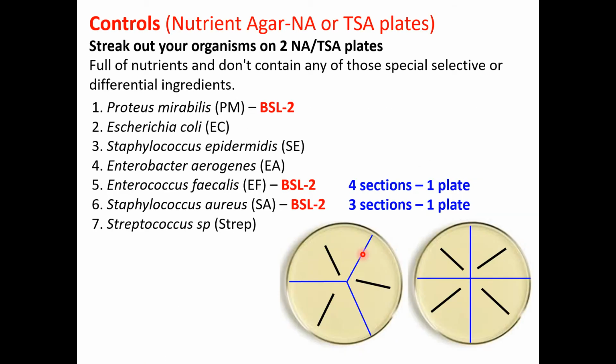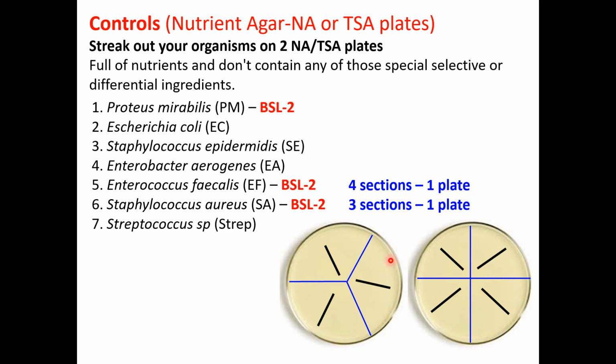And then just to make sure that all the 7 different species of bacteria that we would be using that night are healthy, we will take 2 regular agar plates, as we have done so many times before, and streak all the species onto those nutrient agar plates.